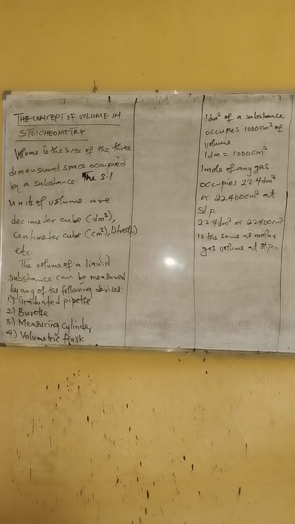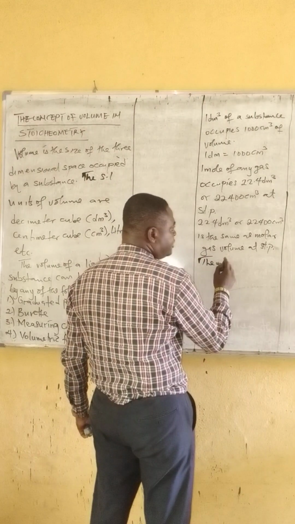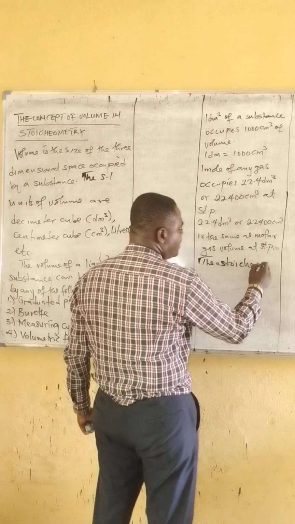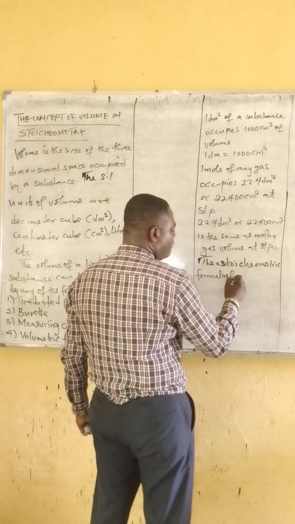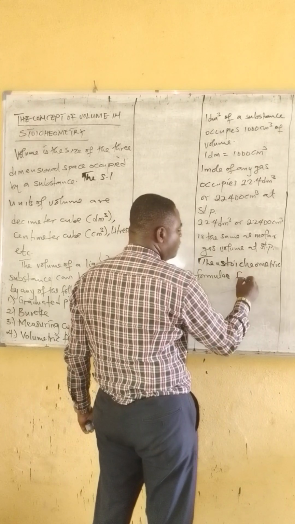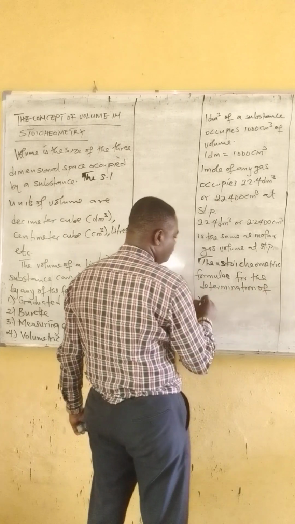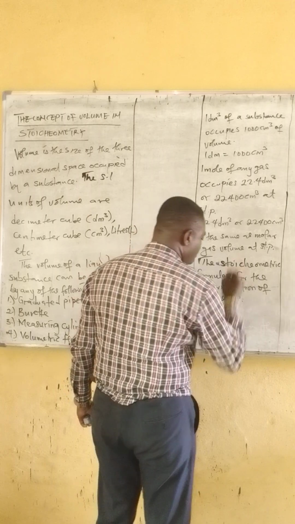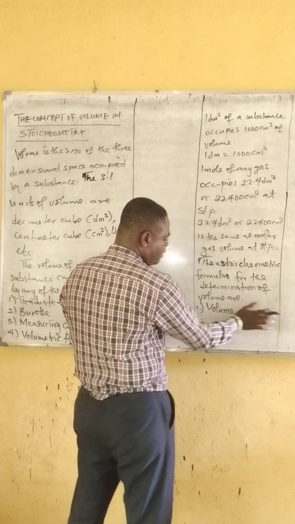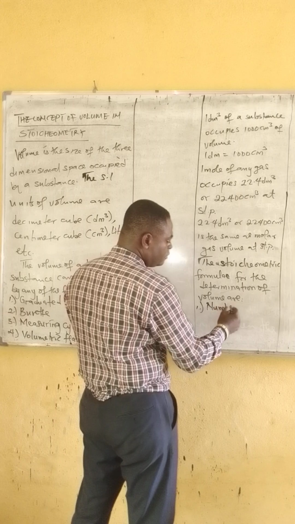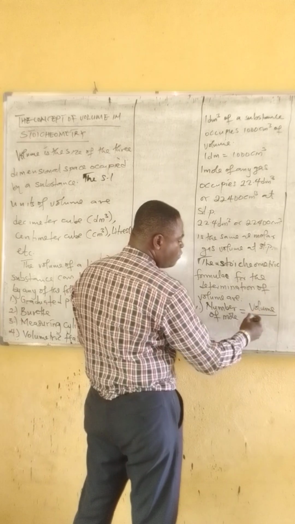Take note of that. Now, the mathematical stoichiometric formulas for the determination of volume are: number 1, number of mole equal to volume over molar volume.